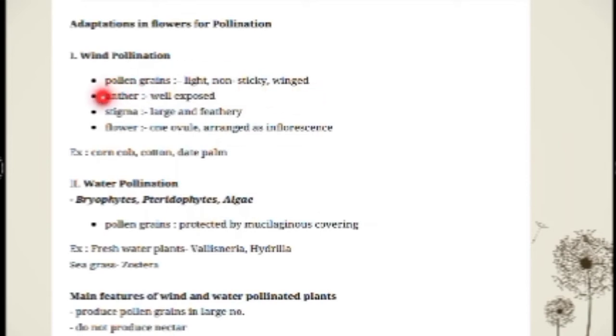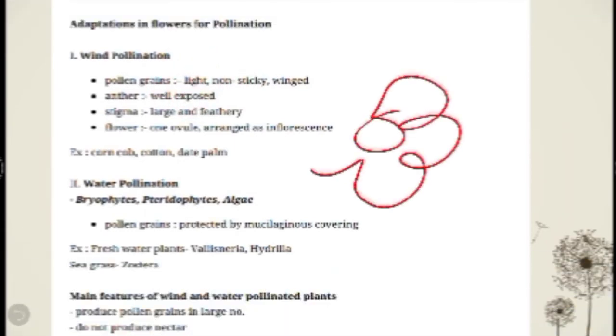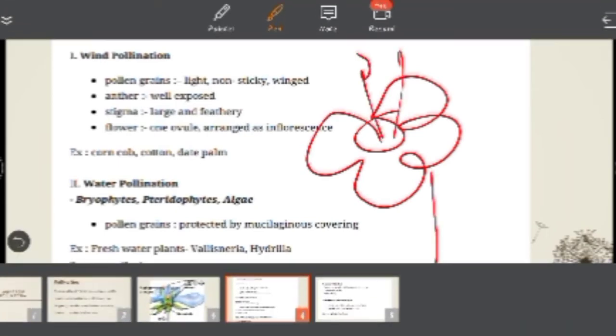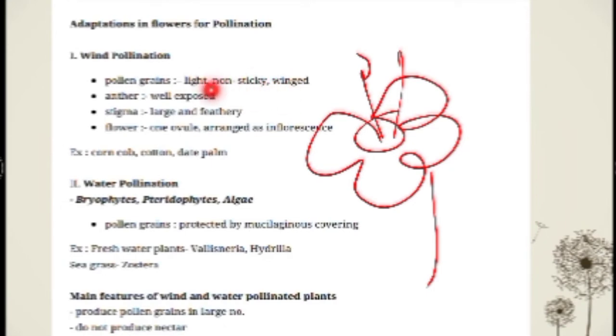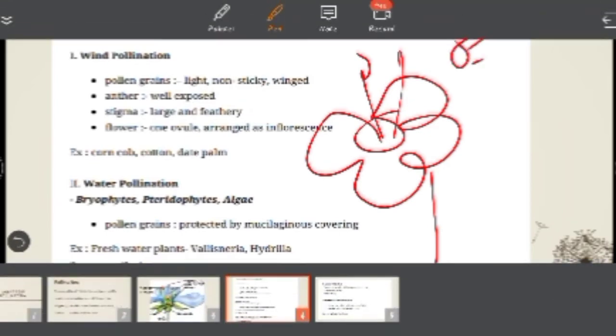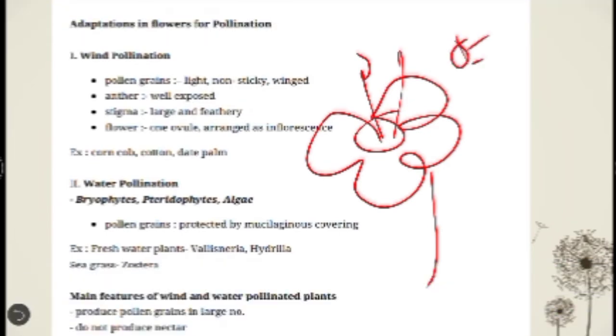If the pollen grains of the flower are very light, non-sticky, and winged, suppose this is a pollen grain, they will have small wings, some hairy-like structures.